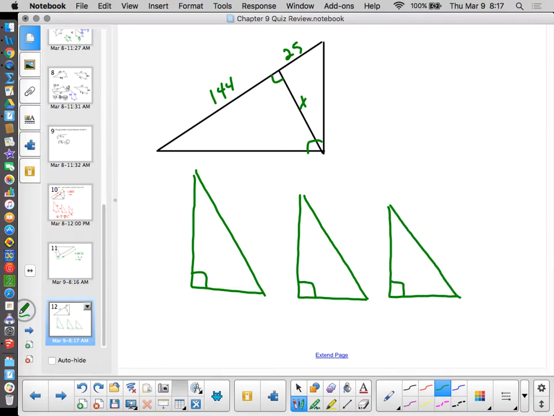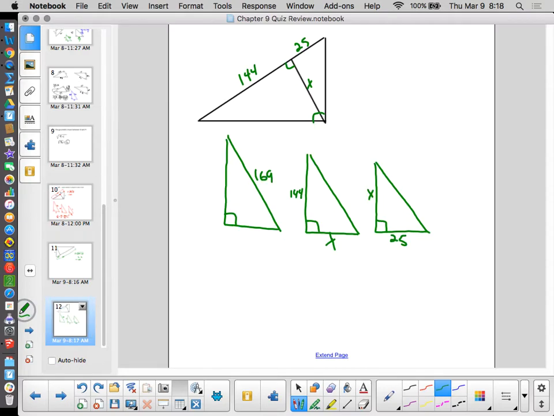Big outer triangle, I have a hypotenuse of 169. Long leg and short leg, I don't know. Middle triangle, I have a short leg of x, a long leg of 144. Hypotenuse, I don't know. Little triangle, I have a short leg of 25, long leg of x, hypotenuse we don't know about.